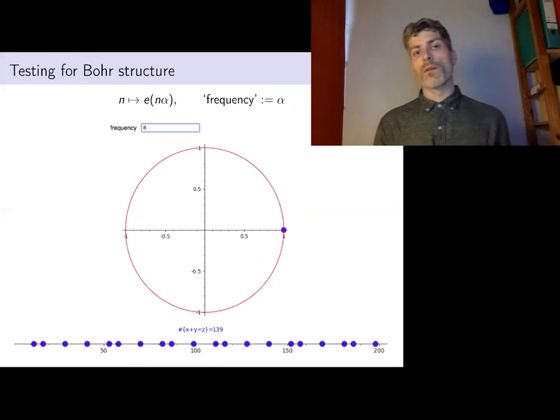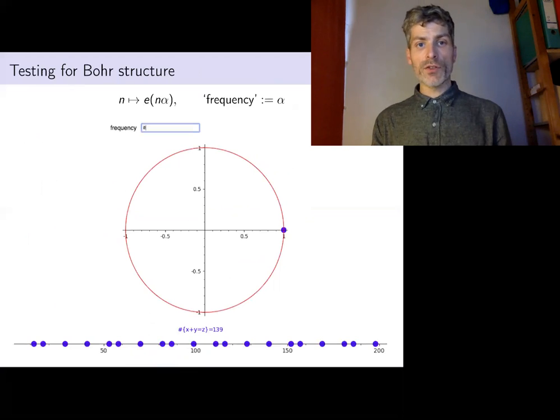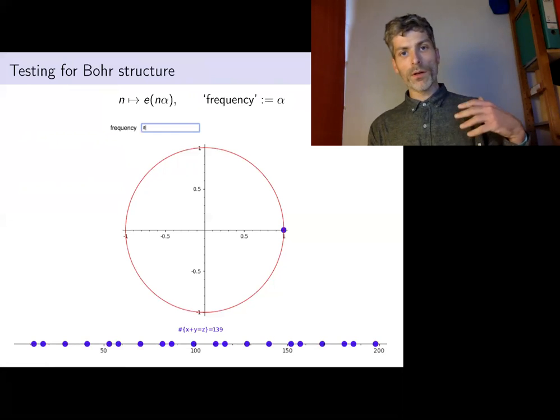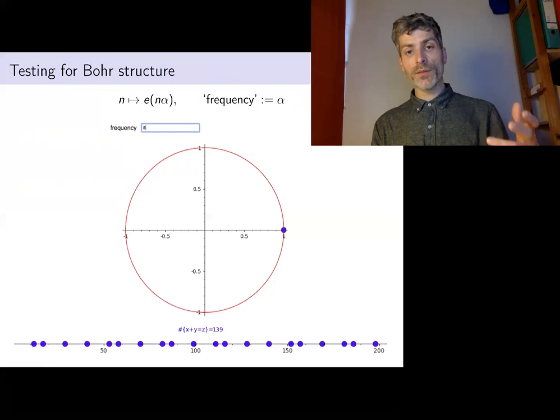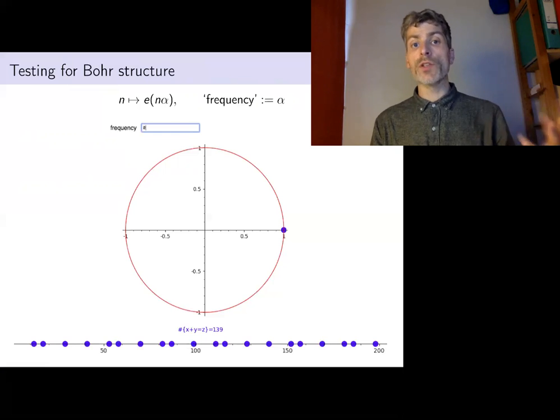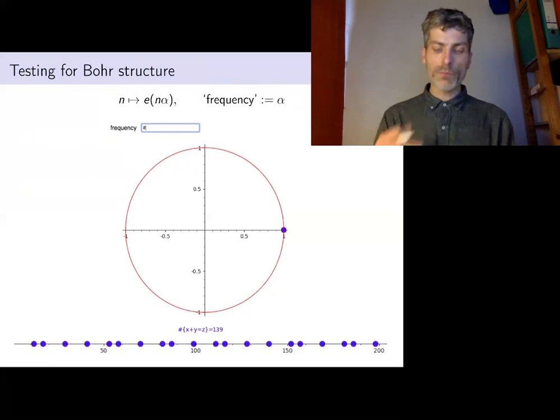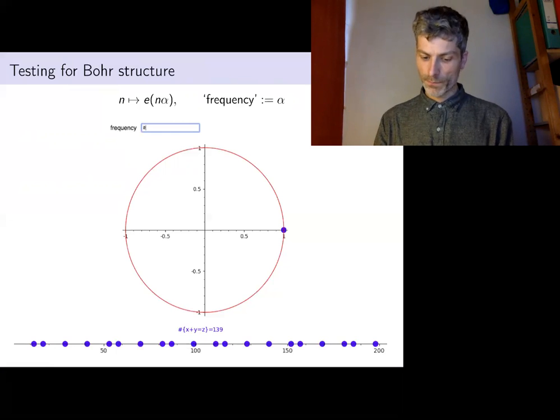Okay, so imagine you're given an arbitrary set of integers. How do you check whether it's a Bohr set or not, or whether it's a Bohr translate? So I'm going to exhibit a test for Bohr structure using Fourier analysis. We won't define the Fourier analysis yet, but I just want to motivate the definition of the Fourier transform. So let's try and test for Bohr structure.